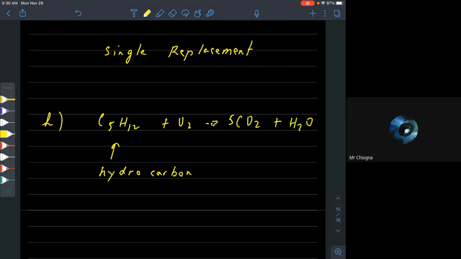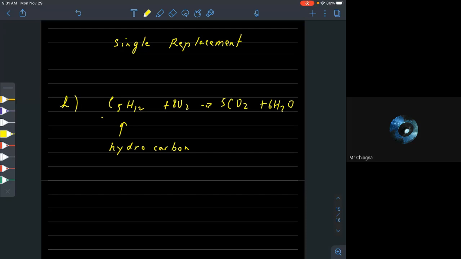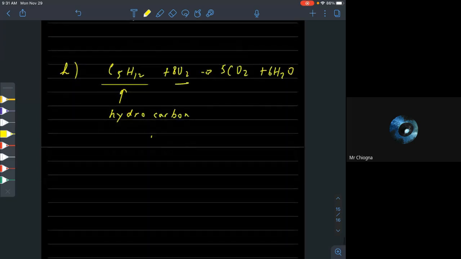Just doing this quickly. 6. So far, carbon and hydrogen is balanced. 10. 16, 8. Check my work. Is that right? I'm going to recheck it here. 10, 16, yeah. This, because it contains a hydrocarbon and an oxygen, what do we call that? Yeah, combustion.